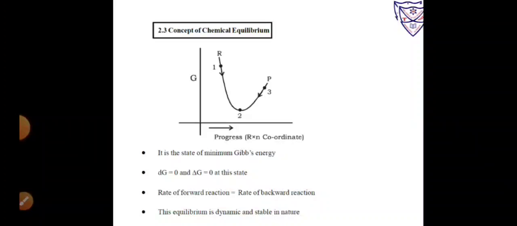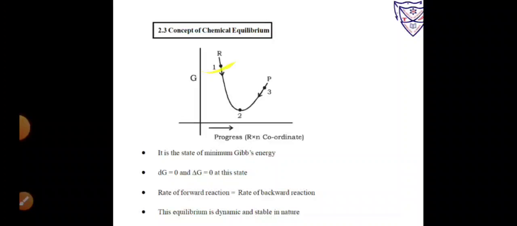So here the graph represents some concepts of chemical equilibrium. The graph indicates the x and the y axis, where G is for the Gibbs energy, and the x-axis is the progress of reaction, showing reactant and product.